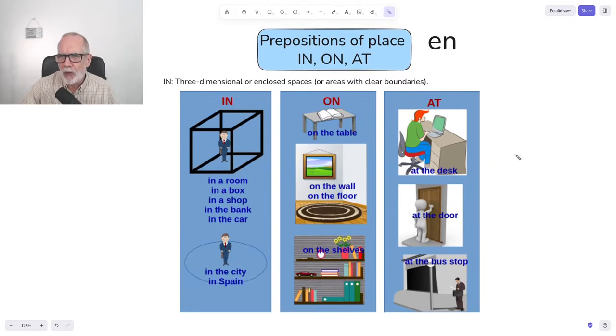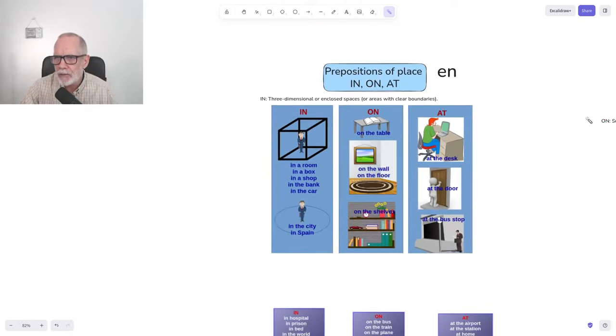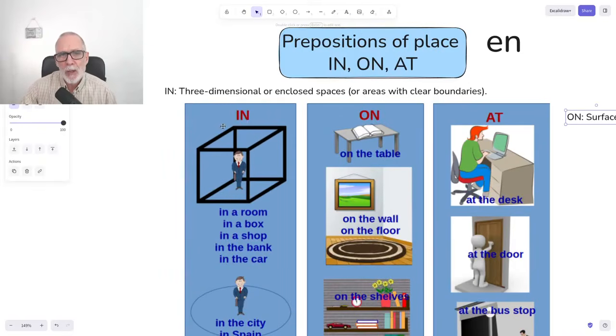Next we have on. So, on se usa para, tengo la regla aquí, surfaces o superficies. Eso es más como superficies cuando vemos la cosa como una superficie de 2 dimensiones. No como el in, que es más como espacios de 3 dimensiones.